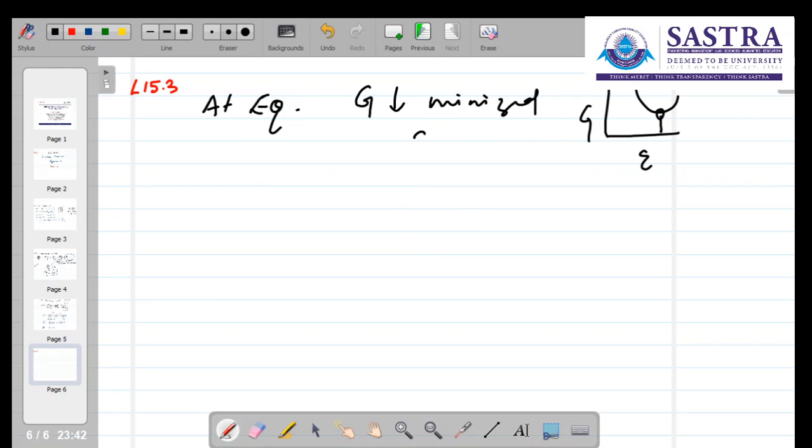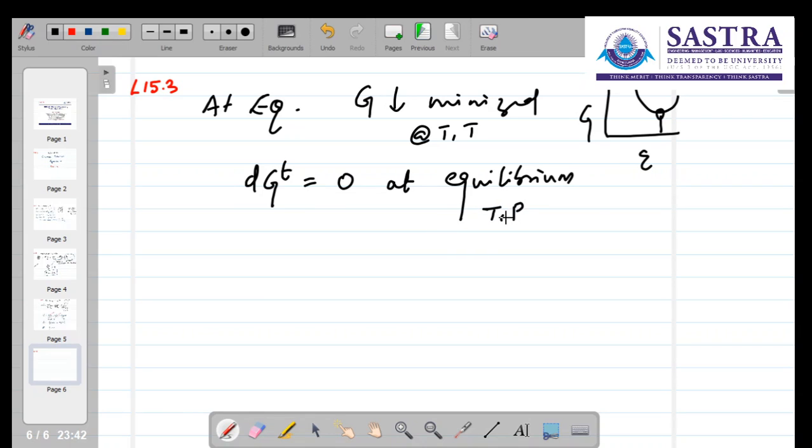So that means this is at a given temperature and pressure. With respect to the reaction, the system attains that particular point where the Gibbs energy is minimized. So that means any change in Gibbs energy is 0 at equilibrium, given a temperature and pressure.